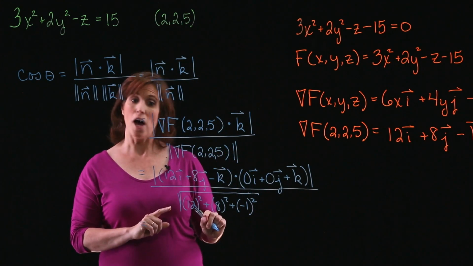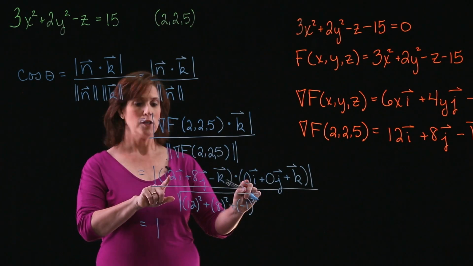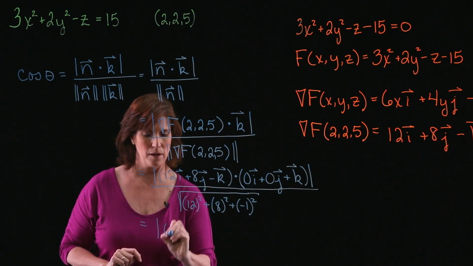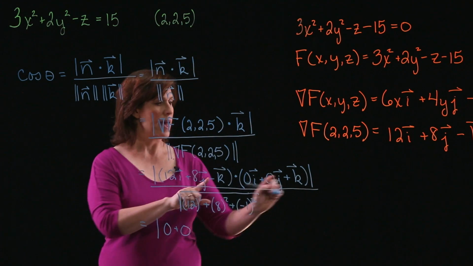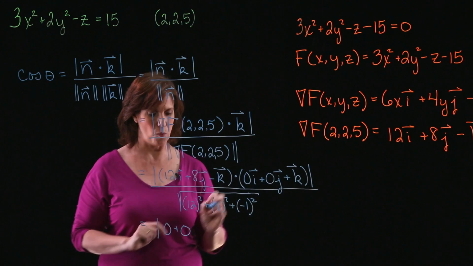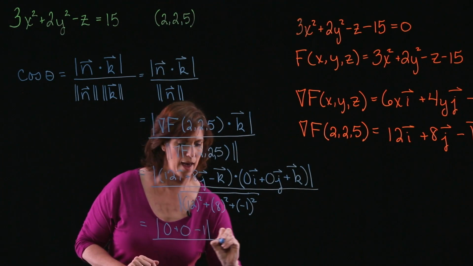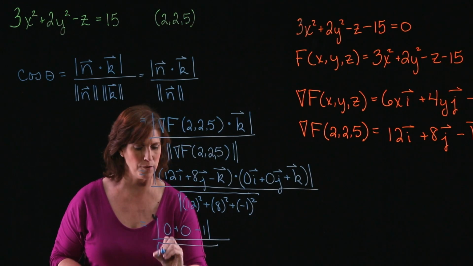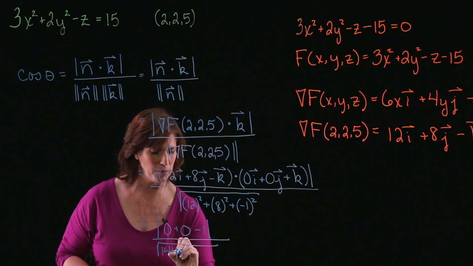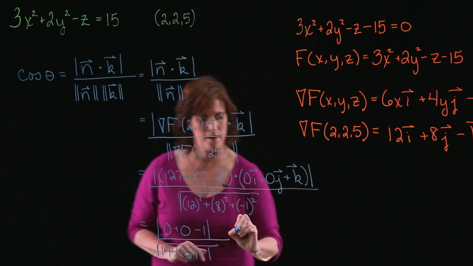Okay. Taking the dot product in the numerator, I'm going to have the absolute value of 12 times 0, which is 0, plus 8 times 0, which is 0, and minus 1 times 1, so that's going to be minus 1. And in the denominator, I'll have the square root of 144 plus 64 plus 1.